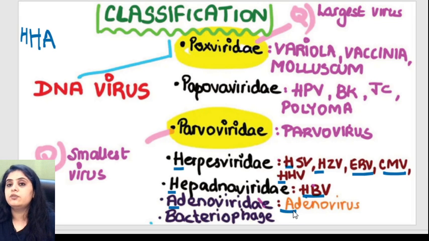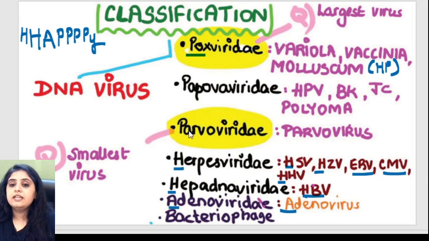Then you have PPPP. Remember, that's the mnemonic. What is PPPP? Pox virus. Pox has variola, vaccinia, molluscum. The molluscum contagiosum, the HP bodies that you have been talking about, is nothing but Poxviridae. Then you have Parvoviridae. Parvo obviously means parvovirus, so parvovirus B19 comes under it.